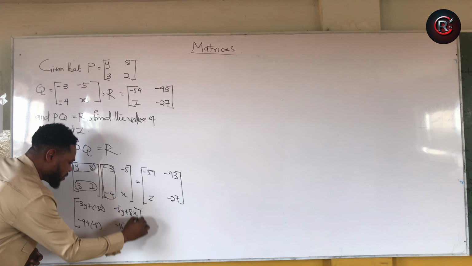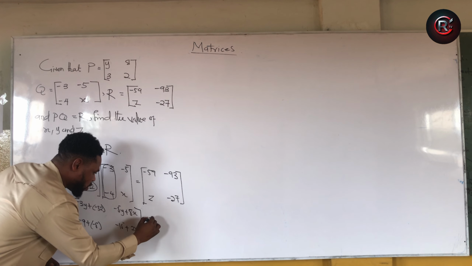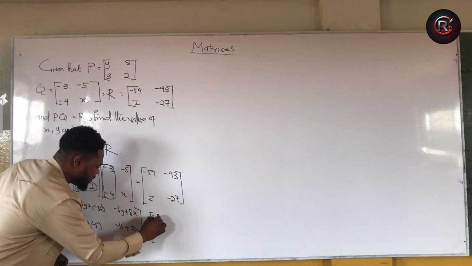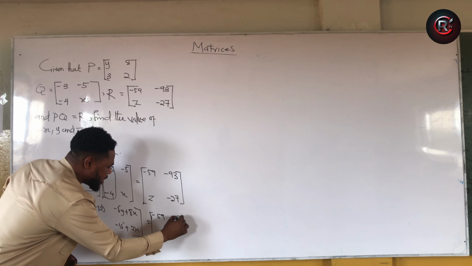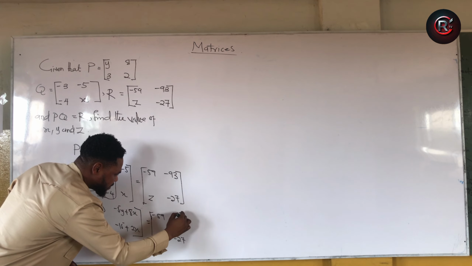So this is how multiplication is done, and it must be equal to our R, which is [-59, -93; z, -27].